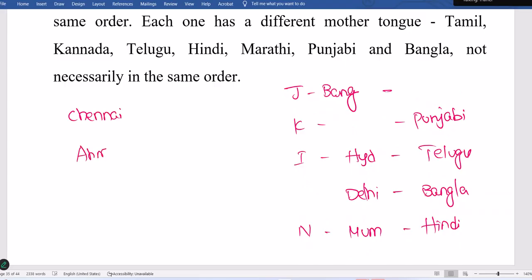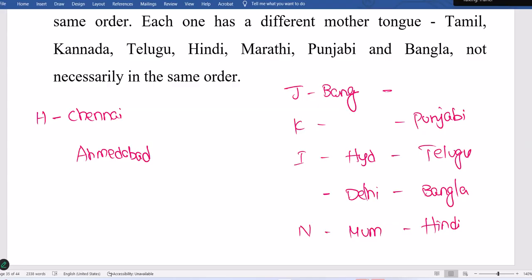Now L and M don't want Chennai, which means they may go for Ahmedabad or Delhi. Then who are the leftover candidates? H is there. H will go for Chennai, guys.